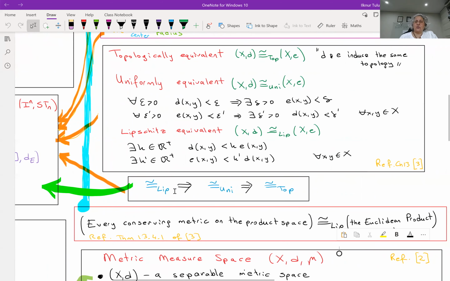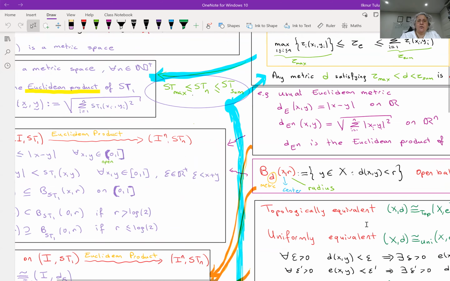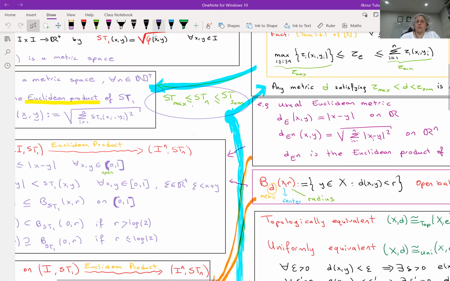Another fact about the conserving metric and the Lipschitz equivalence: every conserving metric on the product space is Lipschitz equivalent to the Euclidean product metric. And this implies that the ST metric is Lipschitz equivalent to this metric and this metric.